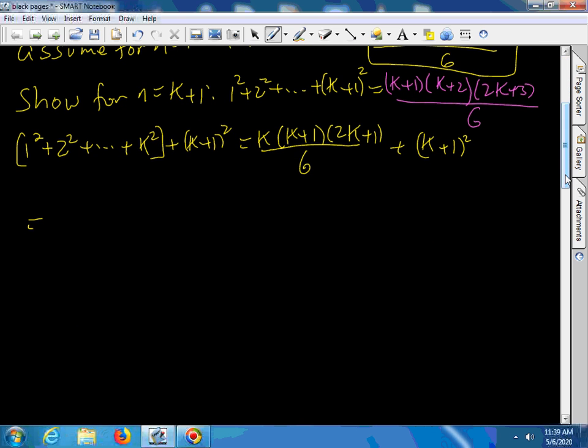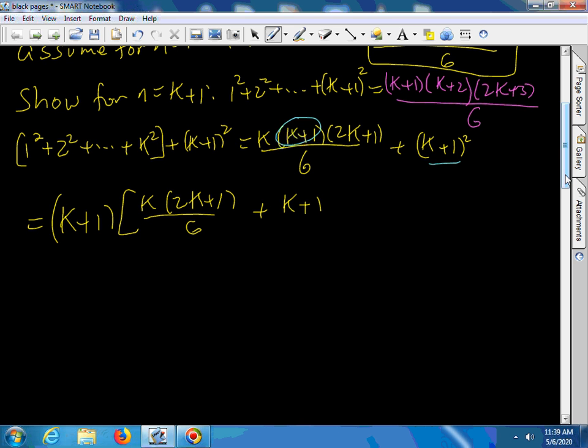Me, I like to factor. I am going to factor out k plus 1. So I have what I factored out times everything else: k times 2k plus 1 over 6 plus another k plus 1. So now let us get common denominators.